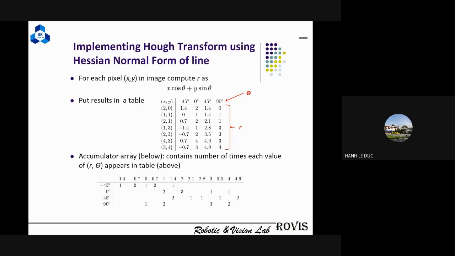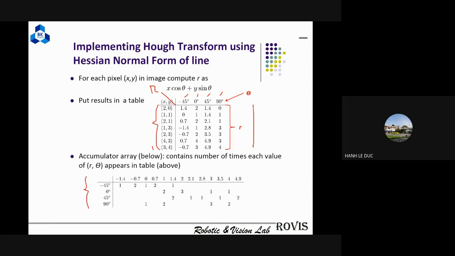First, list all the possible coordinates in the image. List all. And then give the theta here, and then calculate the R here. Then you have a table like this one. After that, you have another table.